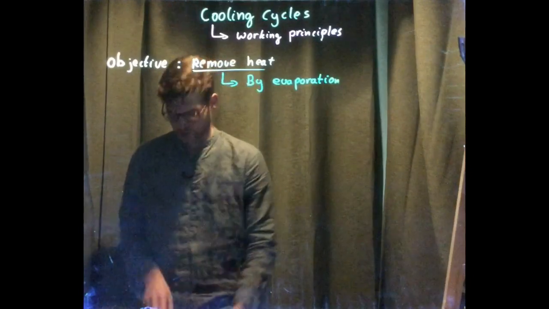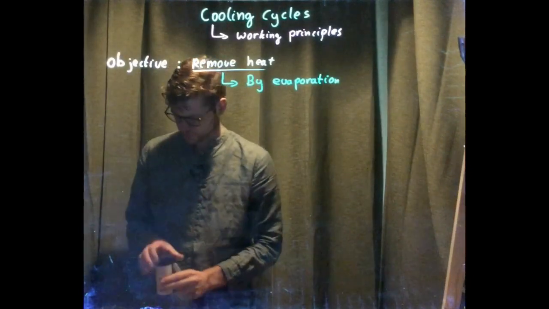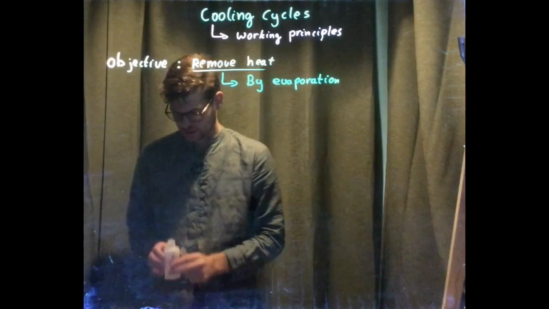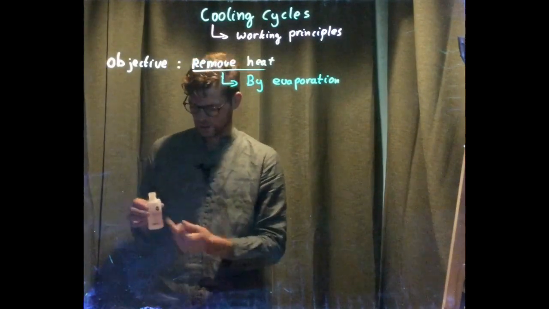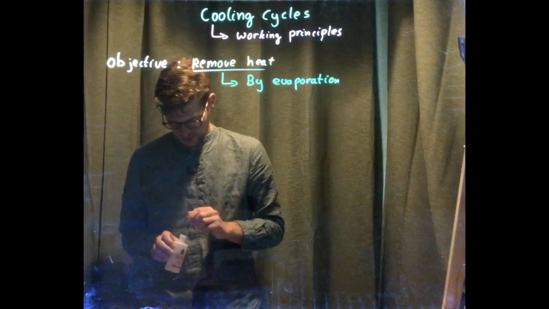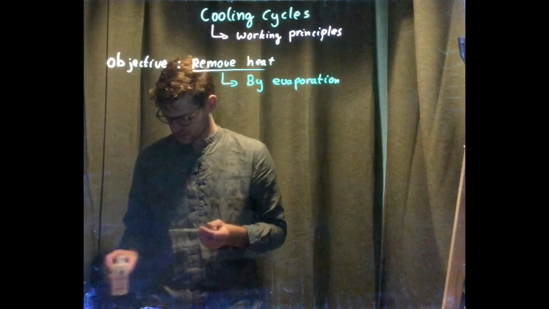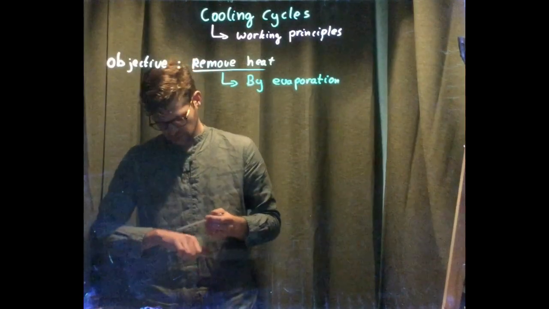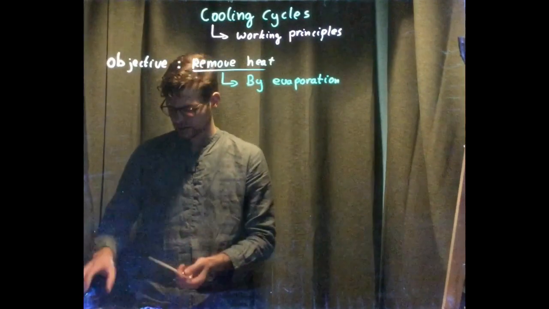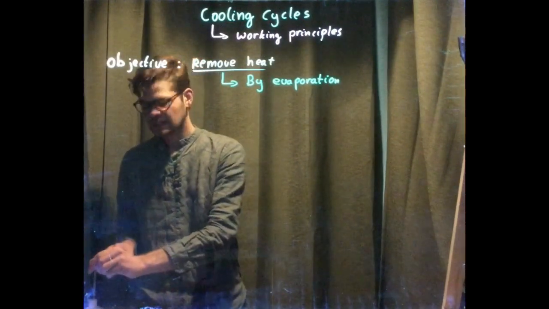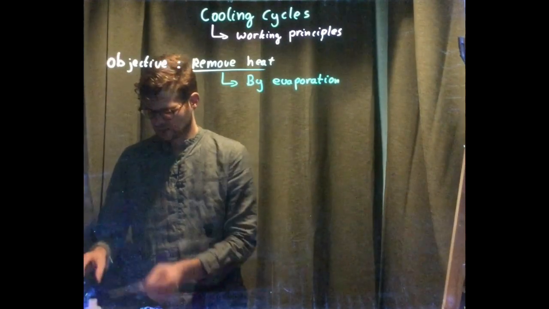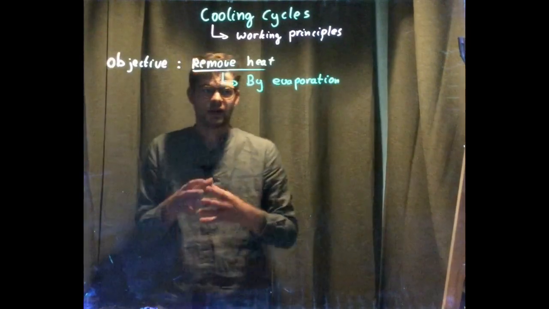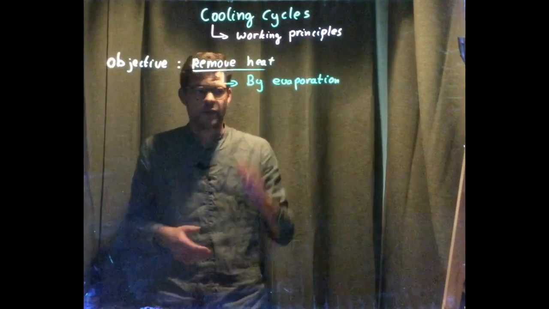Since you're all at home now, you can probably try this experiment, and I would recommend you to do it. Get some nail polish remover, just a tiny drop, and put it onto your hand. You will feel that your hand immediately starts feeling cold, and that is because of the evaporation process.